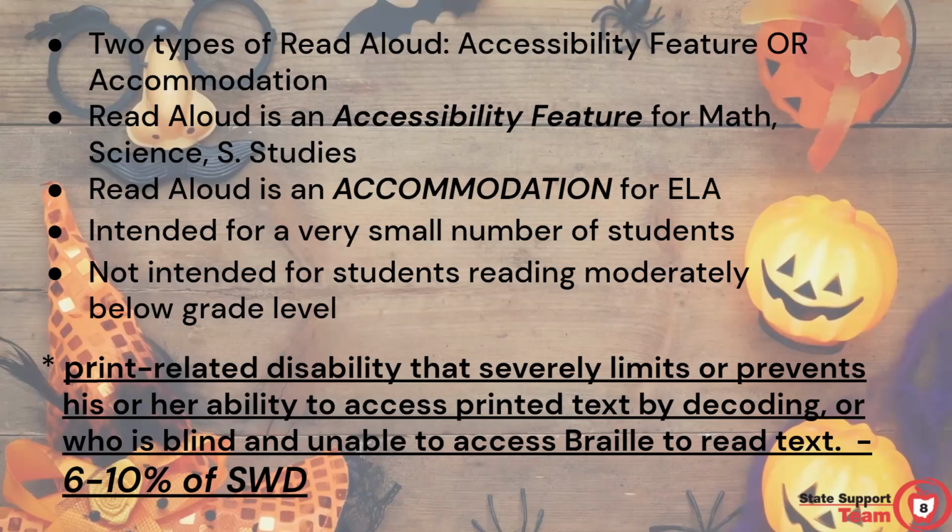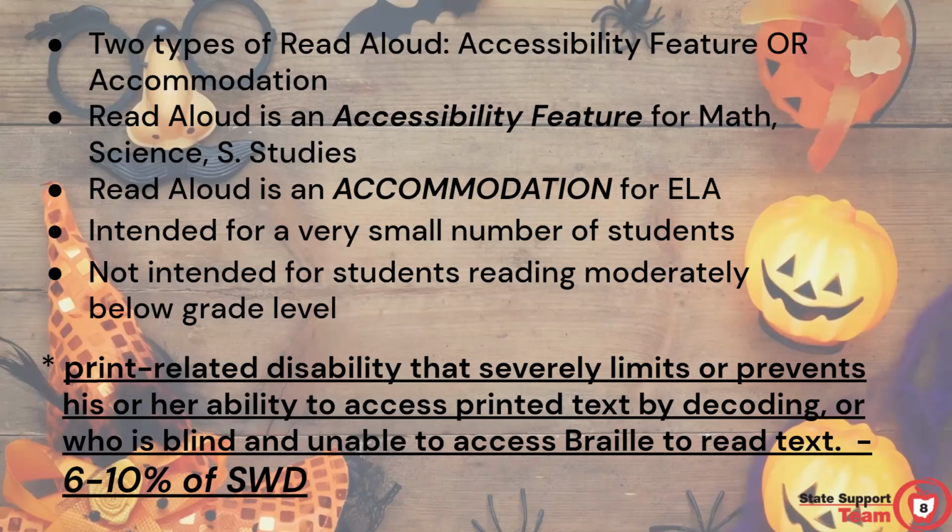Only between 6 and 10% of students with disabilities should be qualifying for read aloud accommodations. So this is an important thing for you to know, because you could easily do a little audit in your district to determine if you are overusing the read aloud accommodation. You can look at the number of students that you have with disabilities and the number who have that accommodation listed on the IEP.